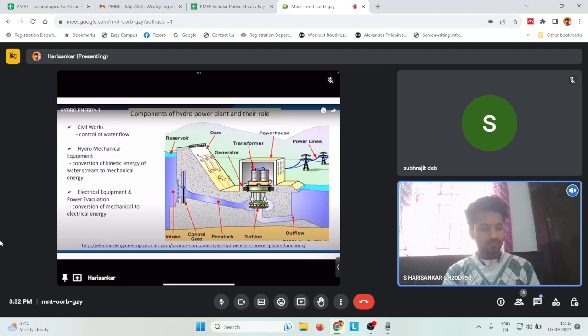This water then goes to the generator or powerhouse, where electricity is generated, and this is carried by these power lines. That is basically how we use dams to produce electrical energy from the flow of water.